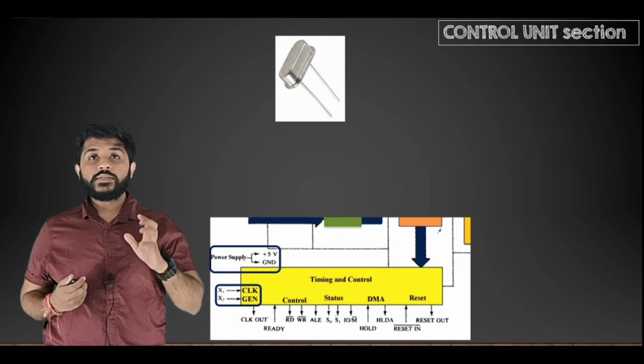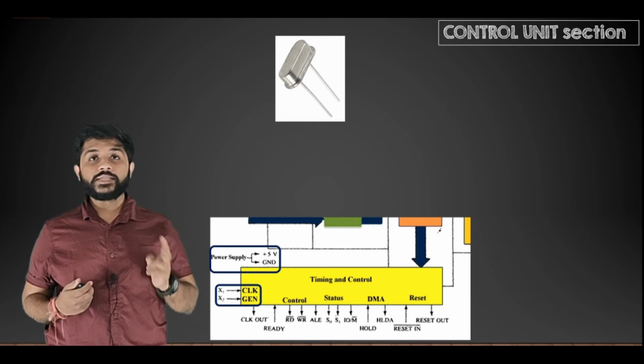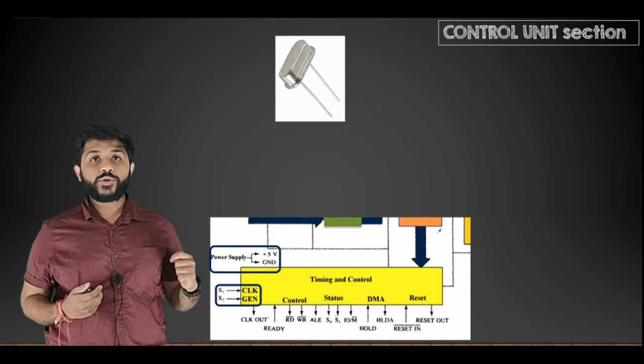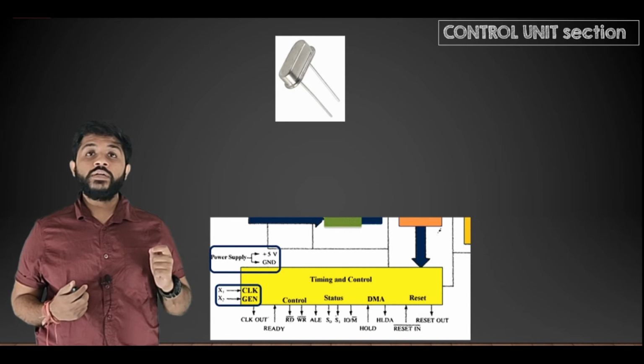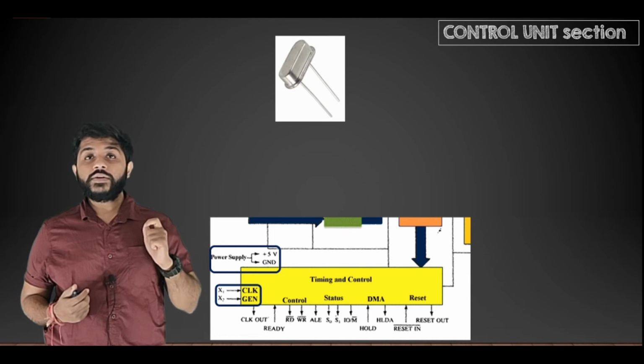Now you can see that the crystal has two pins. These two pins can be interfaced to the X1 and X2 pins, and the processor will get some clock frequency. Now always remember, the operating frequency of the microprocessor is the crystal frequency divided by 2.